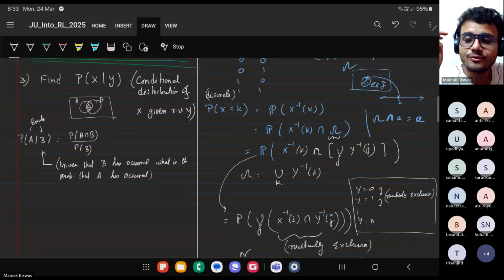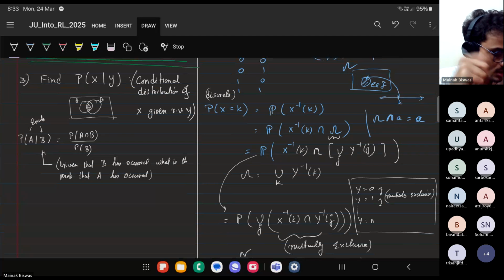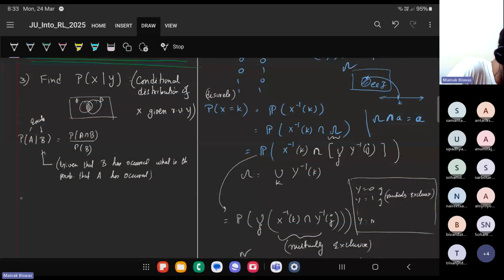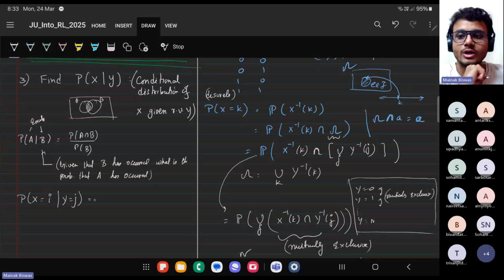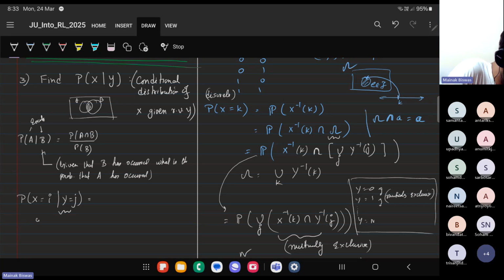So for the conditional distribution in terms of random variables, what do you think should be the definition? Can anyone tell me? I will give you an easier version. Let us assume X equal to I and Y equal to J. Now tell me, what should we do? Given that Y equal to J, what is the probability that X is equal to I?